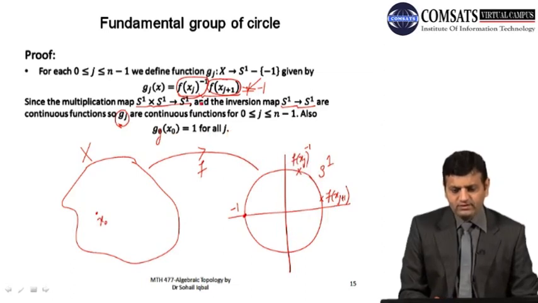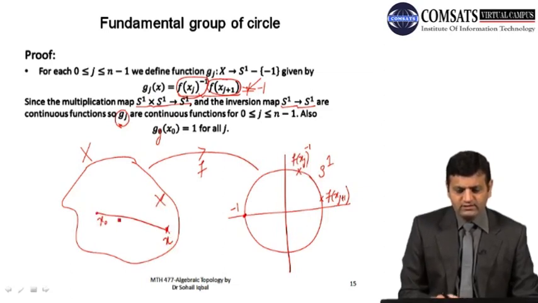So if we concentrate on the definition of gj, given any point in X, take this line segment, divide it, and from this line segment get the values of xj and xj plus 1.